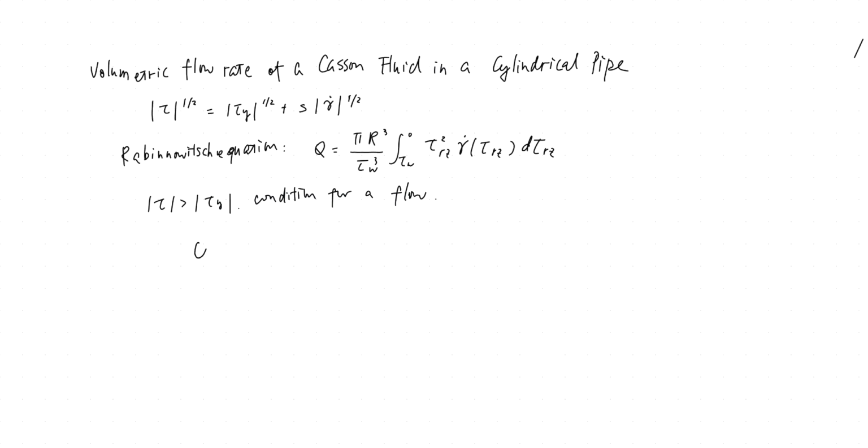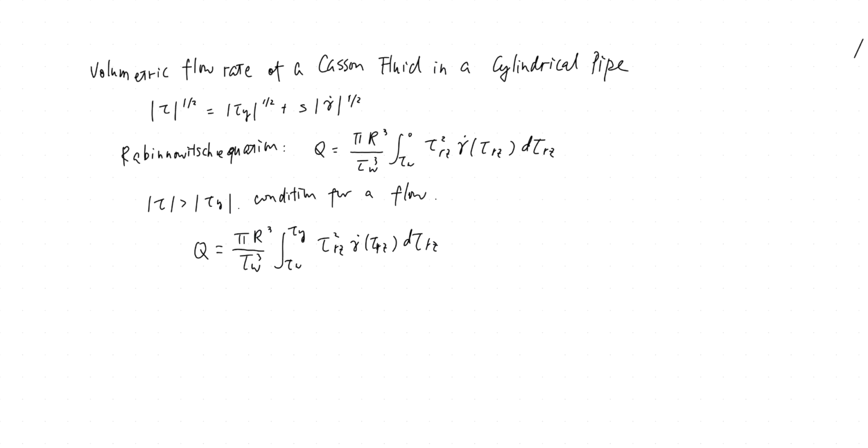So we would have Q equals pi r cubed over tau w cubed, where the upper limit switches to tau y. So this is what we are going to work with.